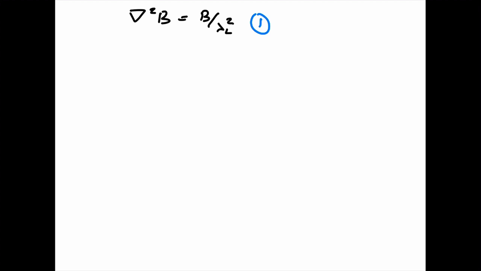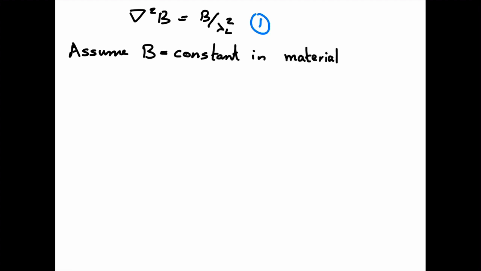So if we assume B is constant in the material, then this must mean that del squared B is equal to 0. I mean, if I differentiate a constant, I'm going to get 0.